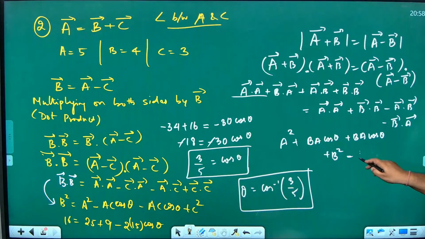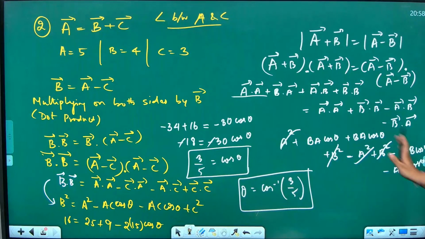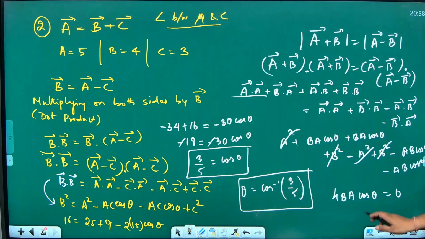On right hand side, once again A square plus B square minus AB cos theta minus AB cos theta. These two get cancelled, these two get cancelled, goes that side, it will become 4BA cos theta is equal to 0. So, what will be theta? Everything will become 0, no? If cos theta is 0, what will be theta?